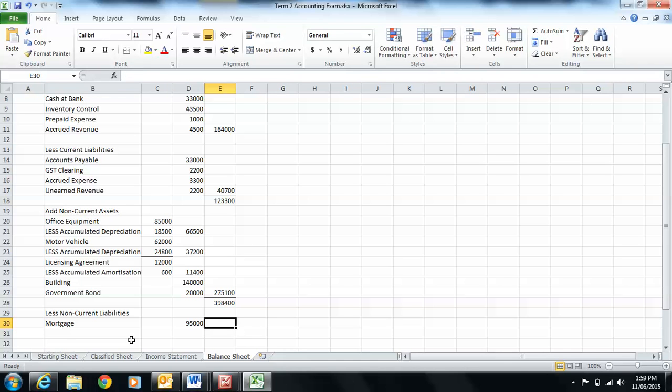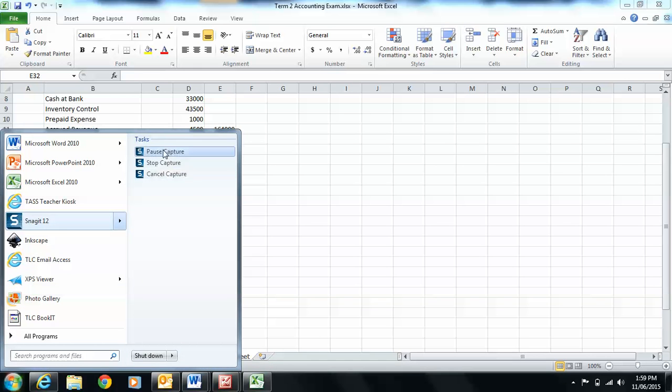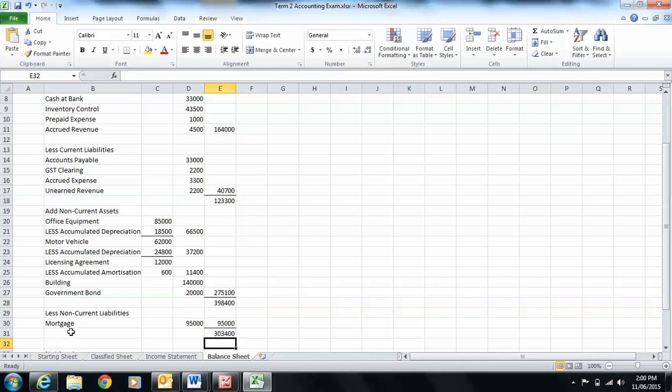So the total for the non-current liabilities is going to be $95,000. And so at this point, this is where we were previously. We take away our non-current liabilities, so we're left with $303,400. And this figure here is our net assets.